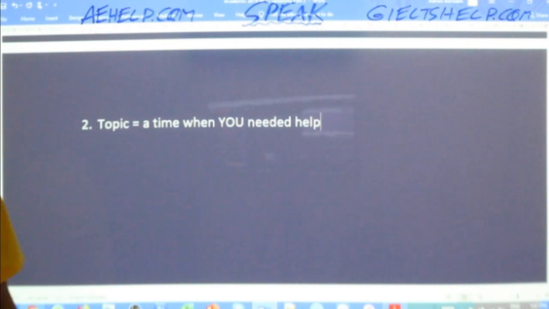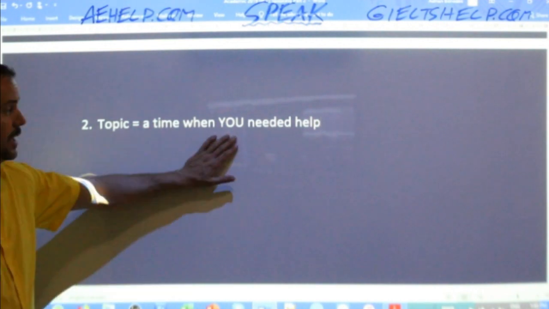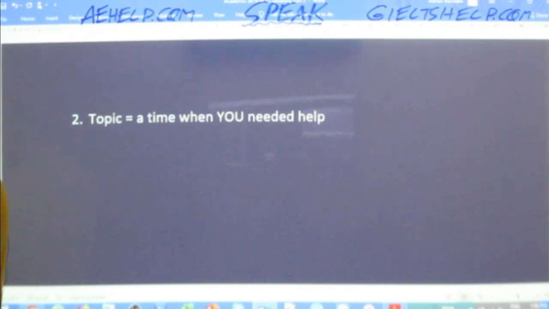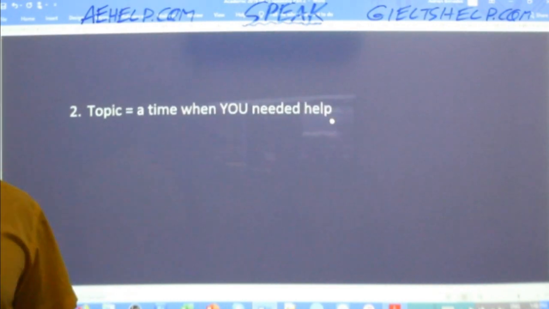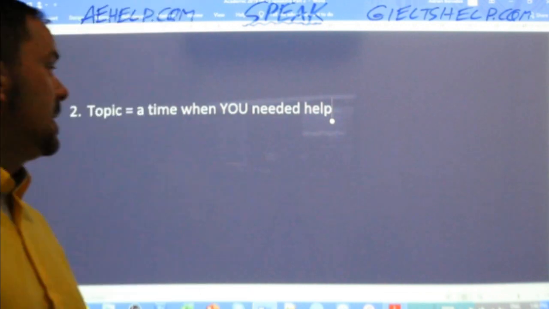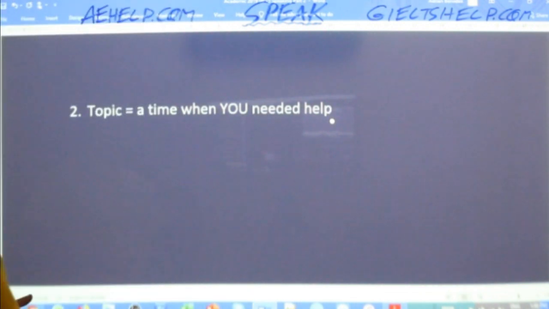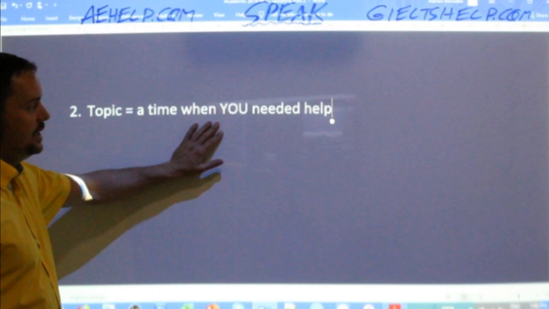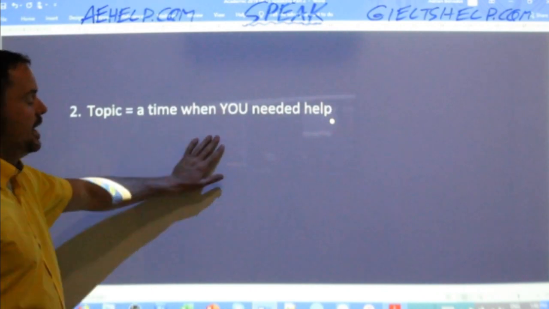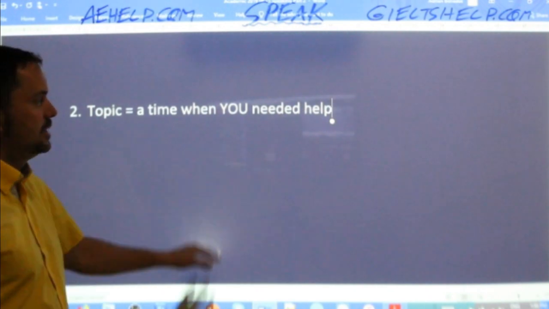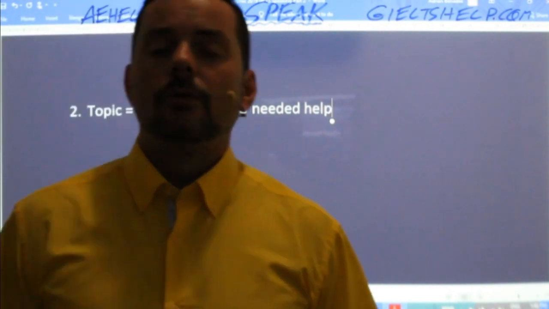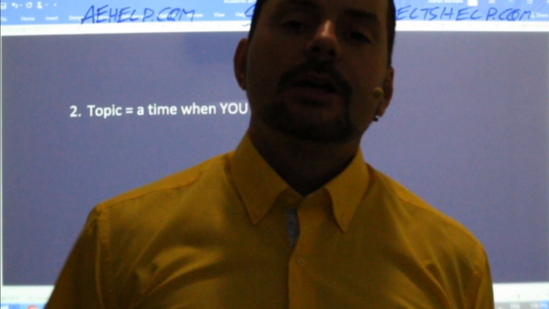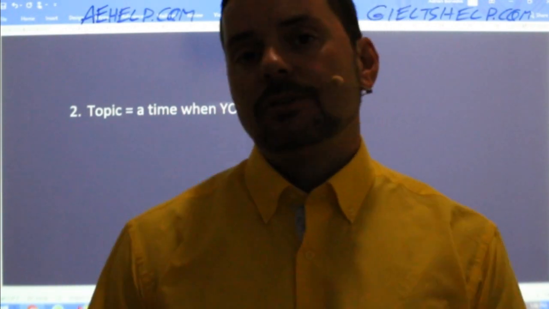Now, I wrote you in all uppercase because another grave mistake that many students make is they get a cue card like this and then they talk about a time when people need help. They talk about a time when their cousin needed help. And if you do that, your band score will go down because you're off topic.